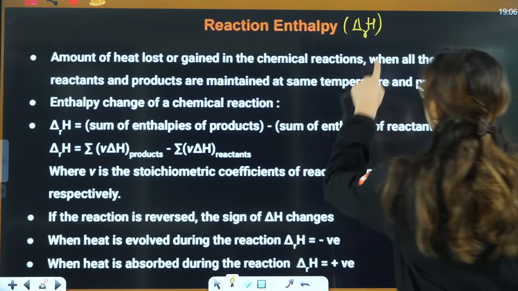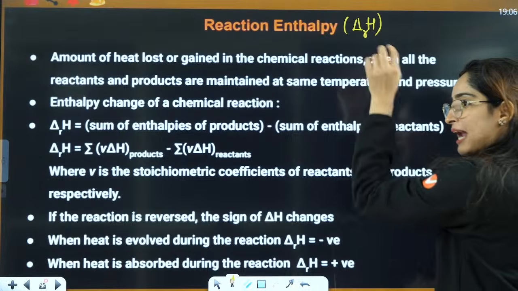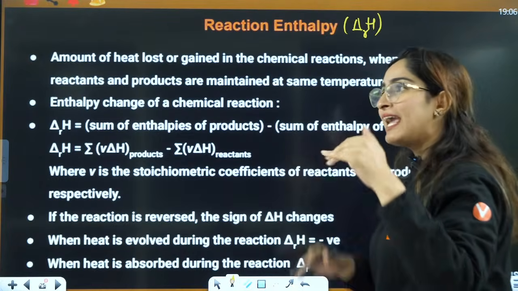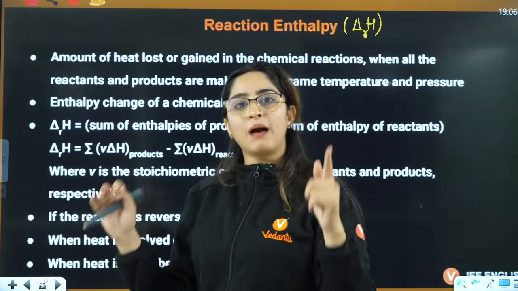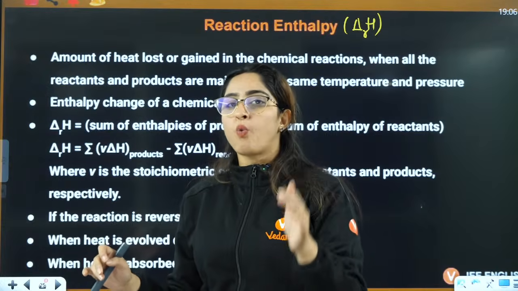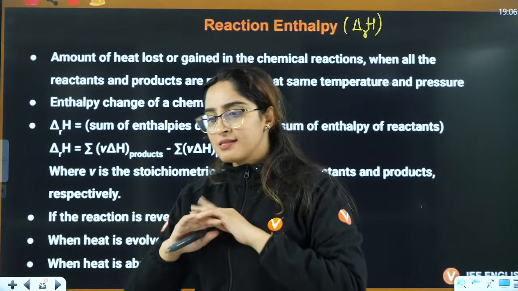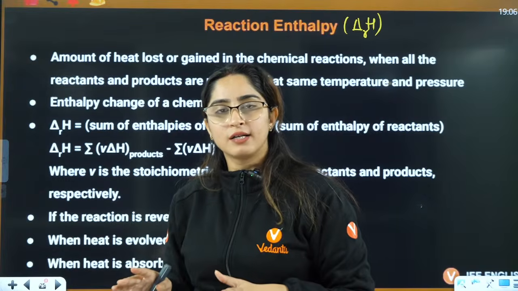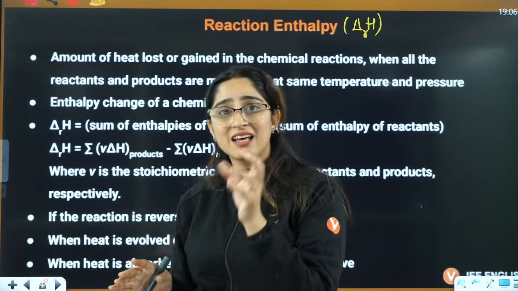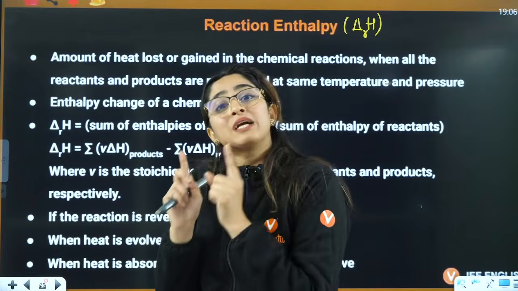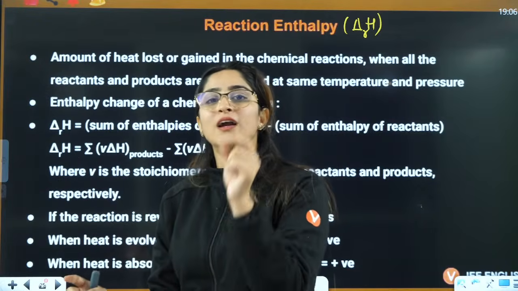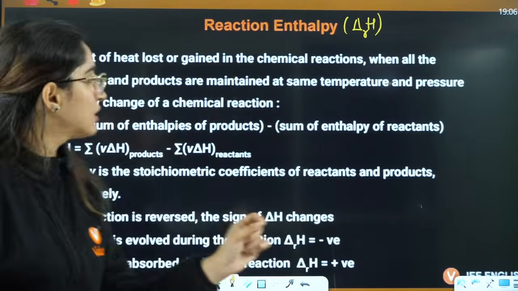Whatever I write here in the subscript is very important. Any reaction you have in a balanced chemical equation, whatever is the reactant, whatever is the product, the energy associated with that particular reaction is called the energy of that reaction, right?